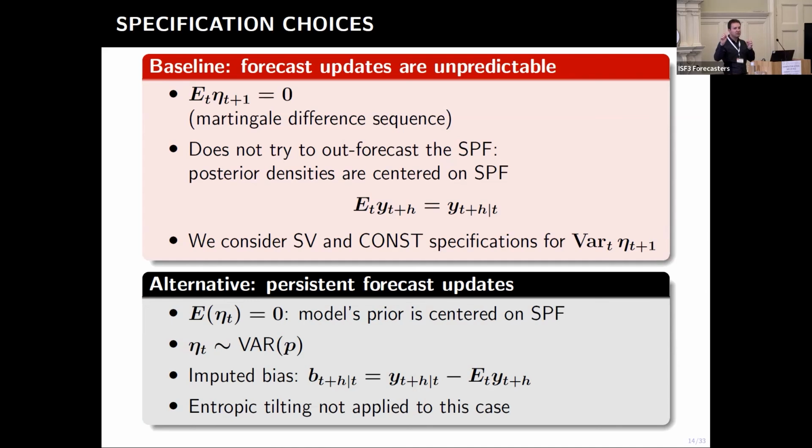And then in terms of the variance specification for this eta, for the forecast updates, we either specify that as having a stochastic volatility or having a constant variance specification. As an alternative, as I told you, we can also treat these forecast updates as following a low-order VAR process. We do not get significantly different results with that choice either.